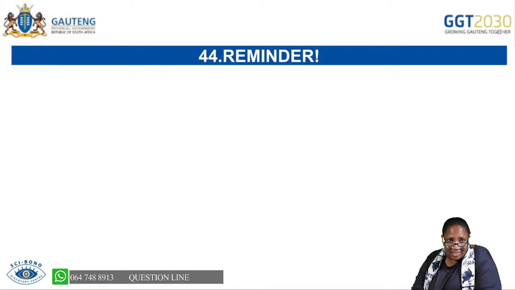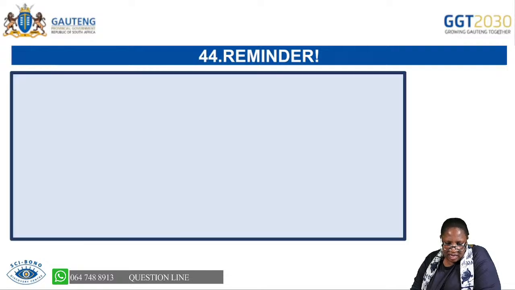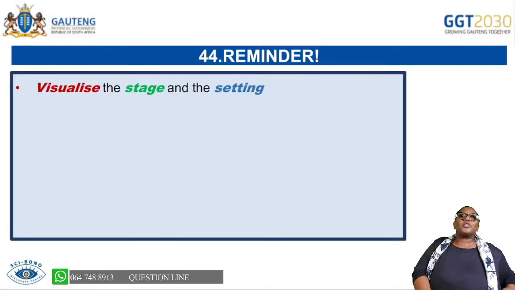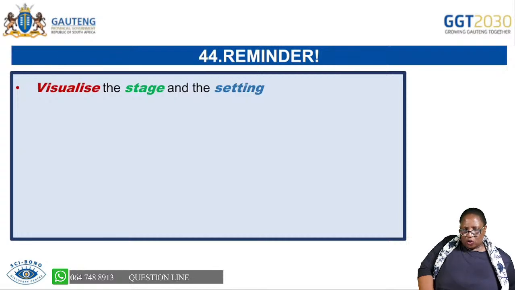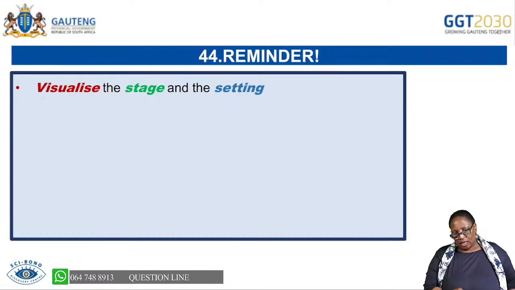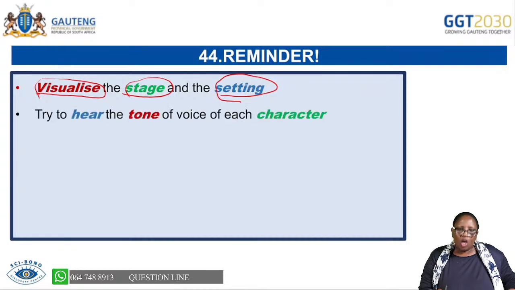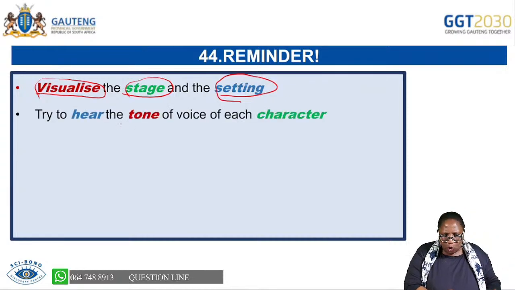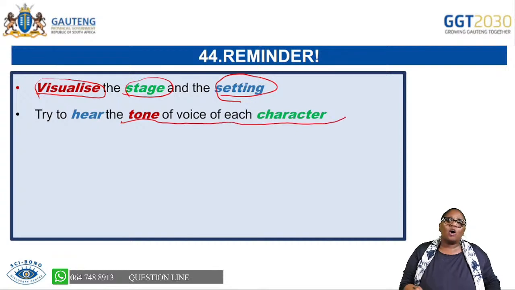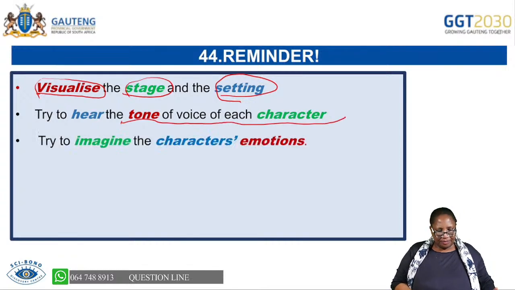Good enough, isn't it? This you will show me in our next lesson. May I take this opportunity, boys and girls, to remind you that with drama, we need to visualize it. You need to visualize the stage and the setting. You must hear the tone of voice of each character.